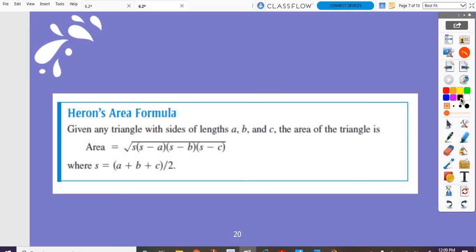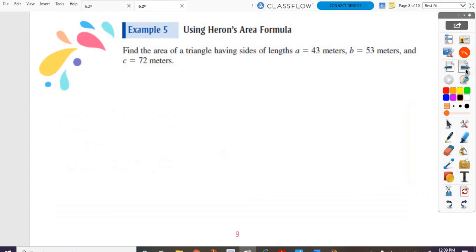Okay, so let's look at the same one we got. So it says find the area of a triangle having sides of lengths A equals 43, B equals 53, and C equals 72 meters. So what did we say we need to find first? S. And so S is just going to be A plus B plus C, all divided by 2.